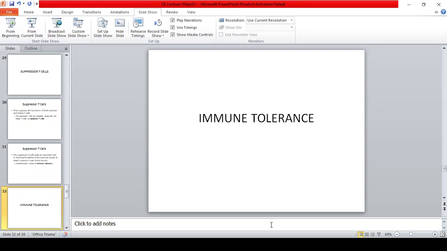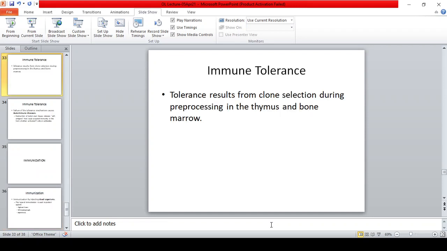Now, the immune mechanism normally recognizes a person's own tissues as being different from the bacteria or viruses, and the lymphocytes which react against a person's own body tissues are eliminated during pre-processing. Now, tolerance results from clone selection during pre-processing in the thymus and bone marrow.